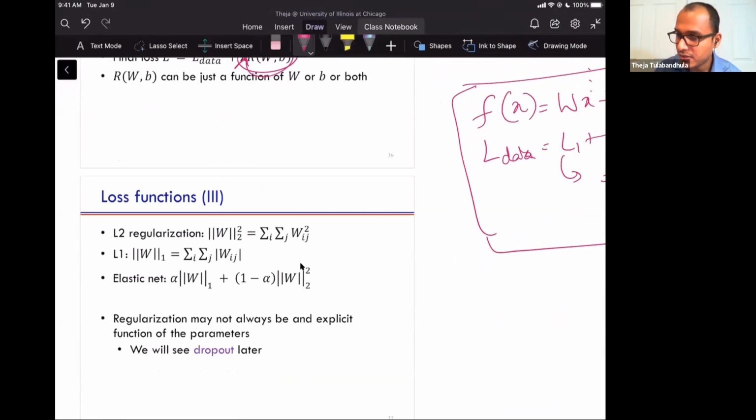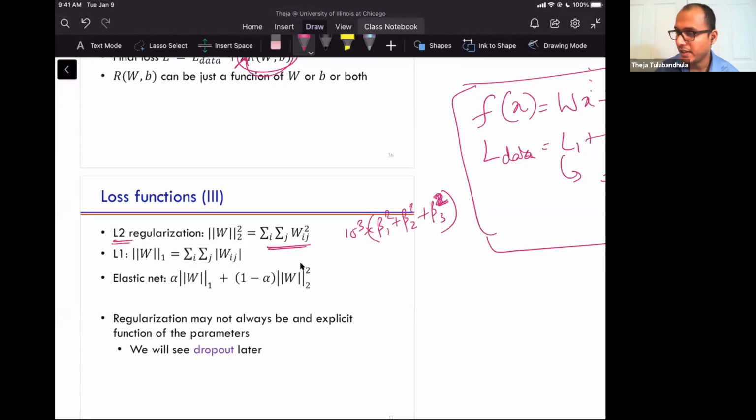The first example is called L2 regularization, where you just tack on something like 10 to the power minus 3 times, let's say it's a linear model, beta 1 squared plus beta 2 squared plus beta 3 squared. Let's say it's a three-dimensional problem.